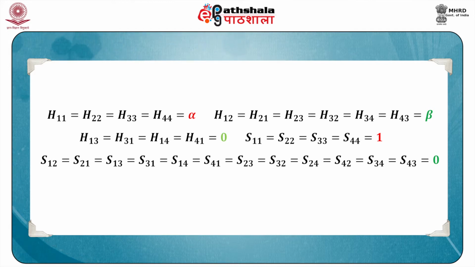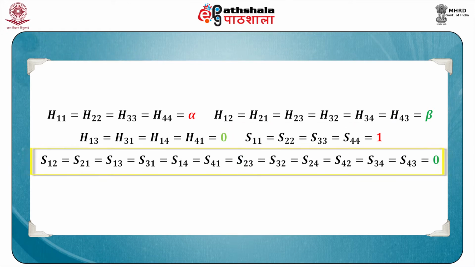What it implies is that in the present case, S11, S22, S33, S44 will each be equal to 1, whereas S12, S21, S13, S31, S14, S41, S23, S32, S24, S42, S34 and S43 will all be equal to 0 individually.